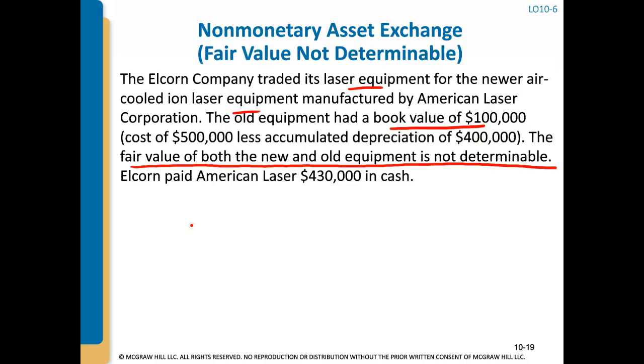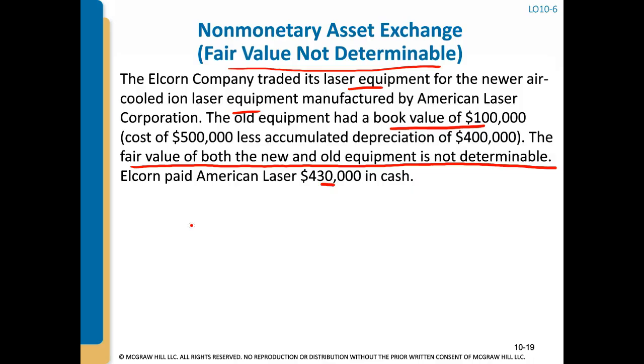We could figure out the fair value of the new equipment if we had the fair value of the old equipment or the fair value of the new equipment. That's what we would use as a fair value. However, neither one of those is determinable in this example. And so that's when it says fair value is not determinable, like when we don't have any fair value for the assets given up or the assets that we've received. And Elkhorn still paid $430,000 in cash.